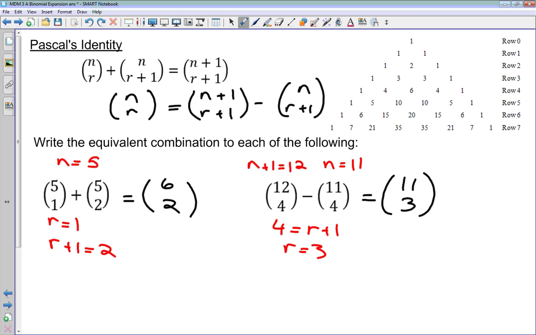Now, what does any of this have to do with Pascal's triangle? Let's look at this first example, 5 choose 1, 5 choose 2.